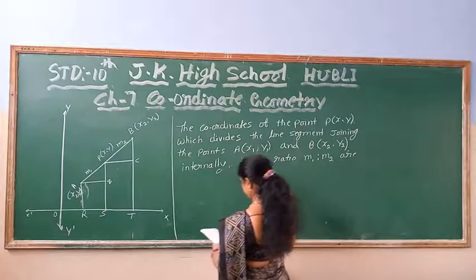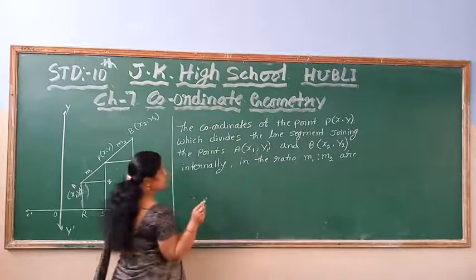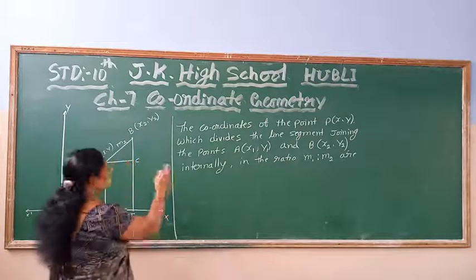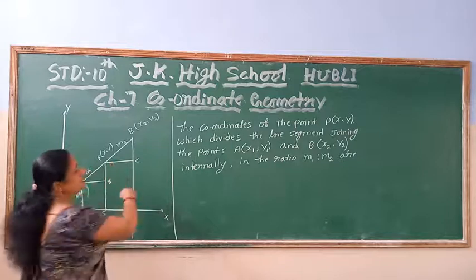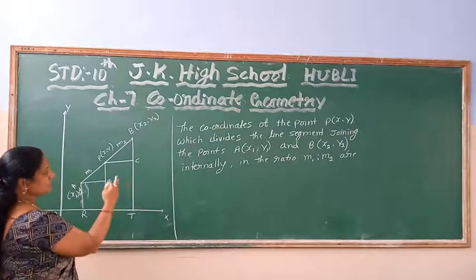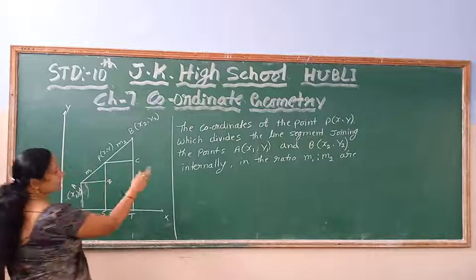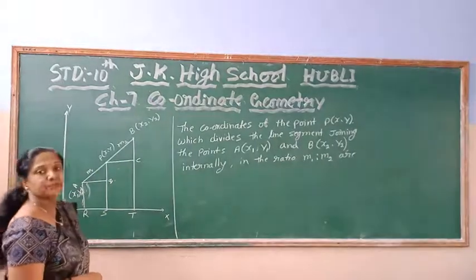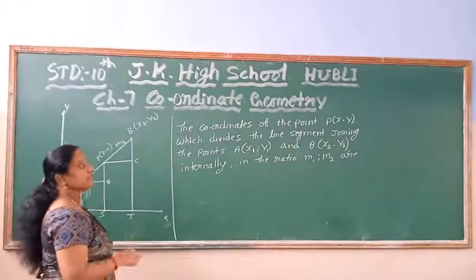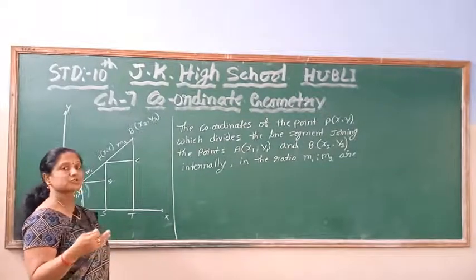That is one formula, called the section formula. The coordinates of the point P(x, y), which divides the line segment joining the two points A and B, where the coordinates of A are x1, y1 and of B are x2, y2, internally in the ratio m1 is to m2.